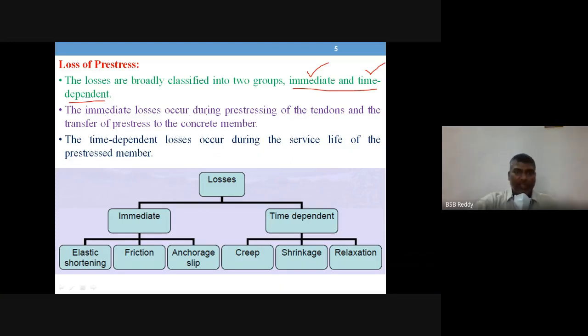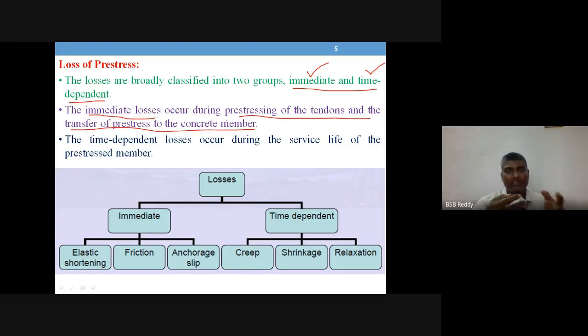Immediate losses occur during pre-stressing of tendons and the transfer of pre-stress to the concrete member. Immediate losses happen during pre-stressing of the tendon, during jacking, and from tendon to concrete during the transfer of pre-stress.